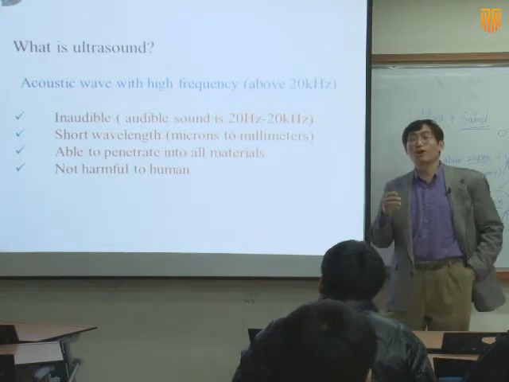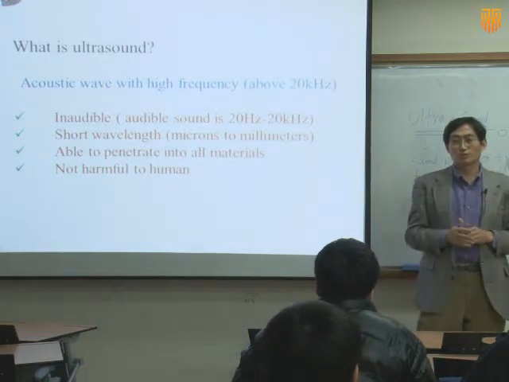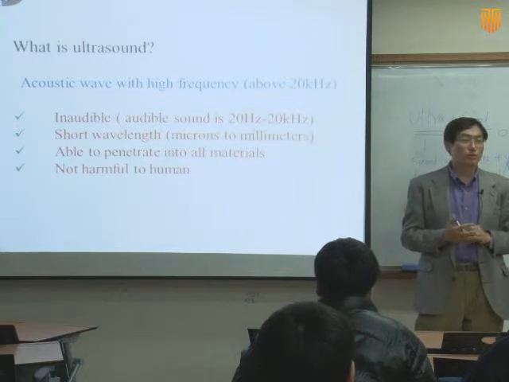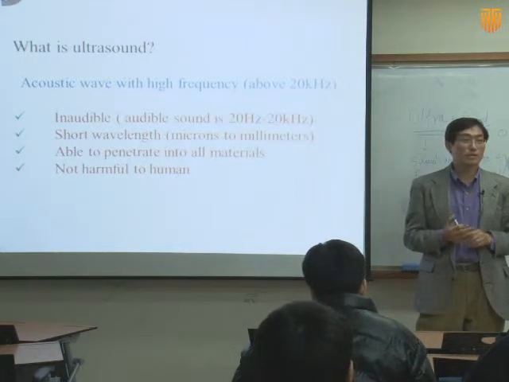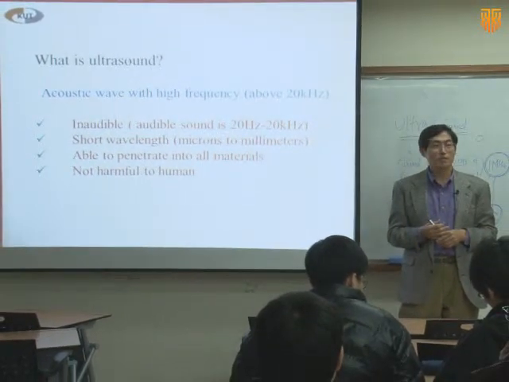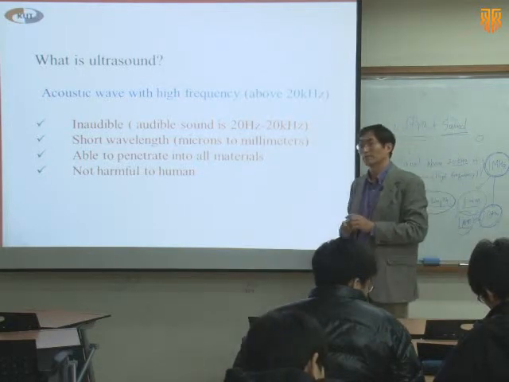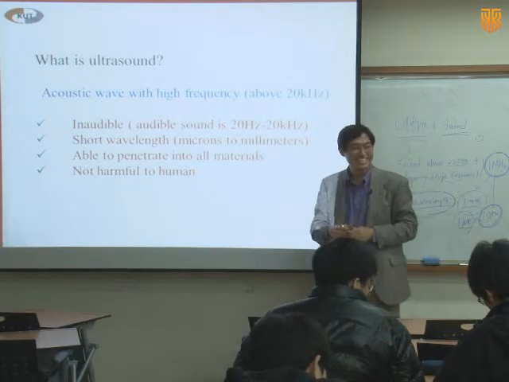If it were audible, every time you generate ultrasound your ear would be so noisy and you could not work very well. But it is not audible. You cannot hear it. So that is another good thing about ultrasound, right?